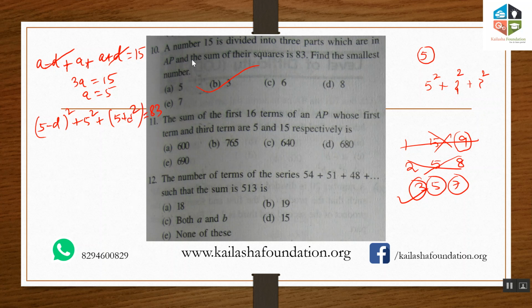We solve this quadratic equation and find d to be 2 or minus 2. If you put 2, you get 357. If you put minus 2, you get 753. The three numbers are the same, so the smallest number is 3.